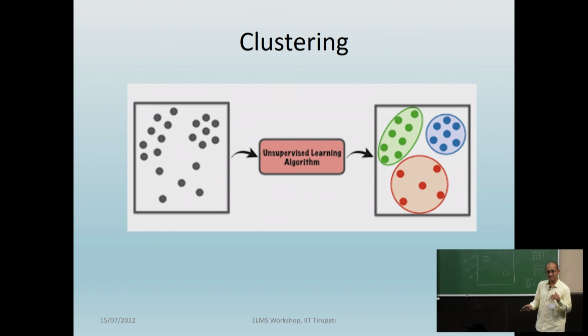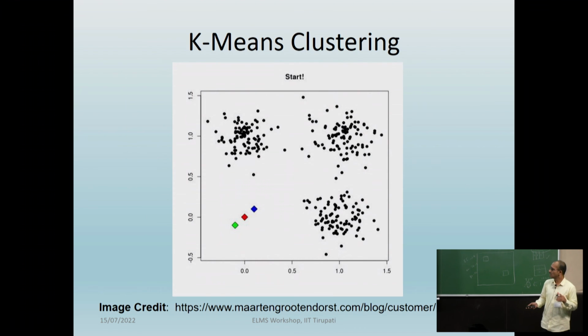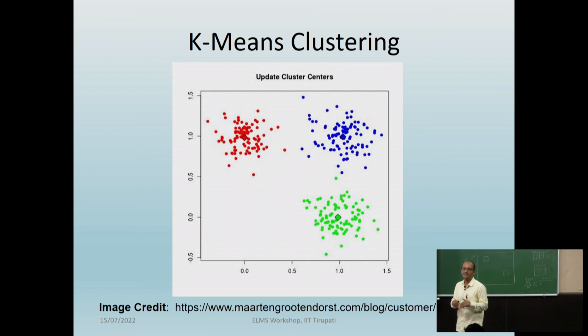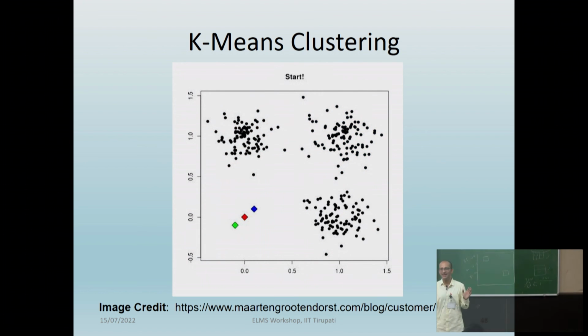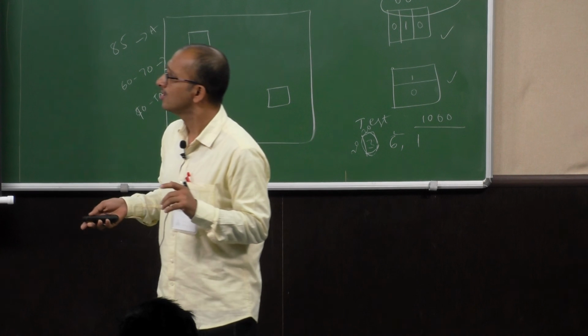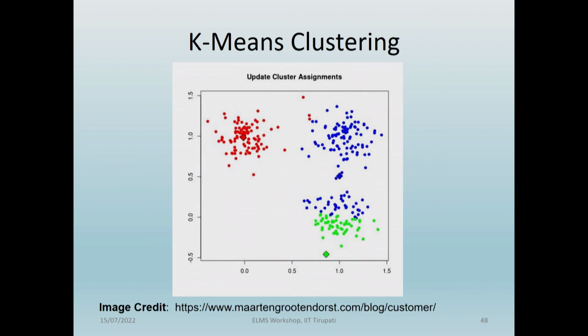Similarly, there are different clustering methods, grouping methods. For example, this is referred to as k-means clustering, where we would like to group the samples by deciding a priori how many groups we have in the samples. So we may decide a priori that there are 3 groups, and we group into 3 groups. How do we group? Based on some distance measures, bringing the samples close to the mean value of that cluster.